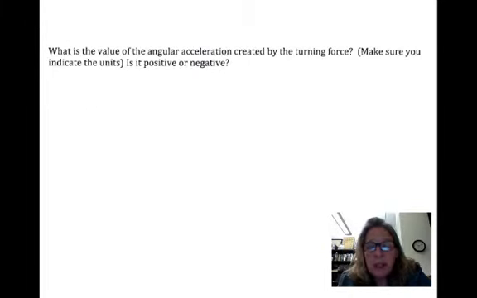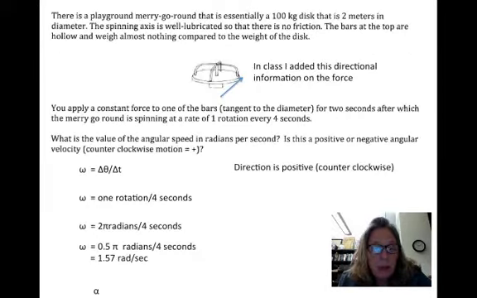The next question is, what's the angular acceleration created by the turning force? If you remember, it started at rest, and then it went up to the final velocity, which we calculated here, 1.57 radians per second. So it was at 0 initially, and then it went to 1.57 radians per second, and we did this in 2 seconds, because we pushed it for 2 seconds.